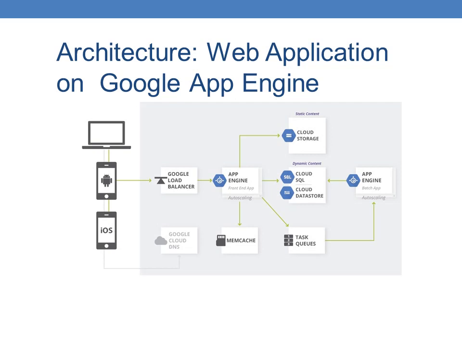So it will be Google load balancing. Through this they can access the query through App Engine only, the front end of this architecture. Using that front end, we can access static content or dynamic content. Static content is in cloud storage, and dynamic content is in Cloud SQL and cloud data storage. Using those components, we can access the resources.